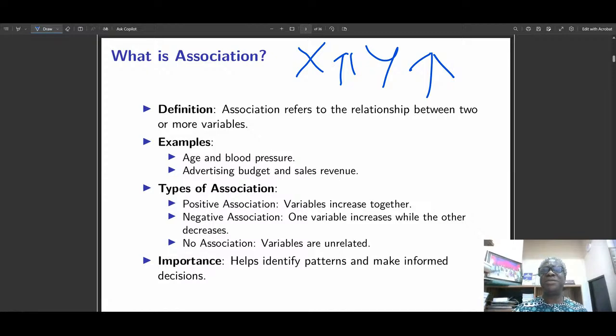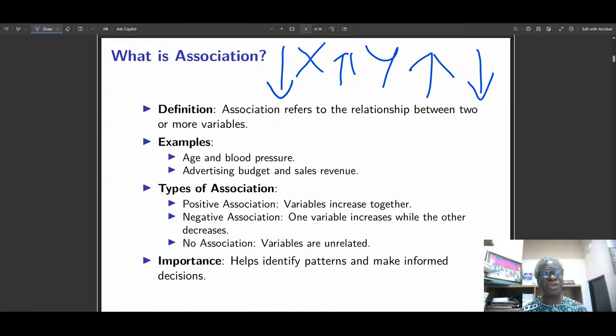Or the reverse could also be the case. That is, x is decreasing and y also decreases. So if the relationship is positive, it means that the two variables are moving in the same direction.